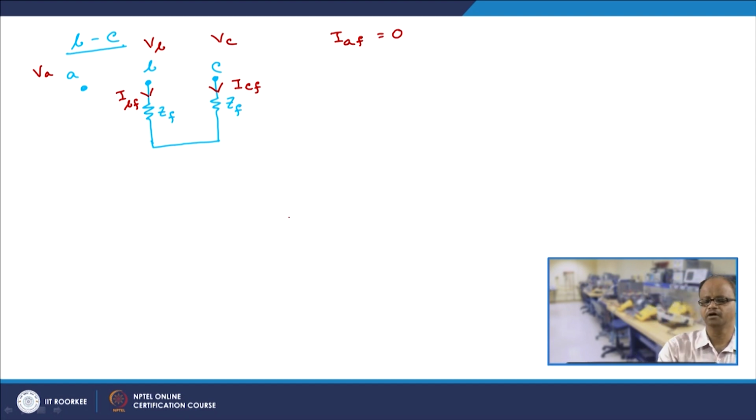Now, we have to find the expression of IBF and ICF in terms of VB and VC. Suppose this is the point neutral, having a voltage Vn. Applying KCL at point N, IBF plus ICF is equal to 0.